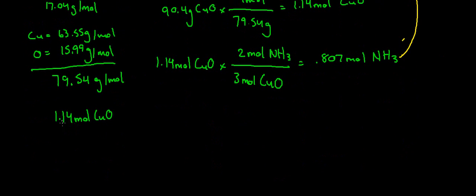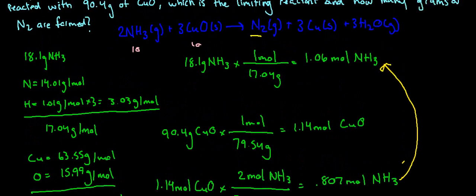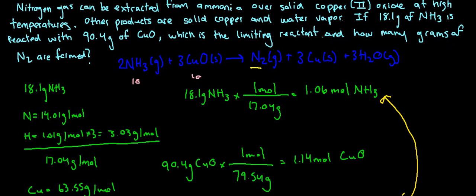So all of this copper is going to react, and then the reaction will stop. So I need to figure out how many moles of nitrogen I can get for this copper. So I need to figure out the mole-to-mole ratio. So for 3 moles of copper oxide, I get 1 mole of nitrogen gas.